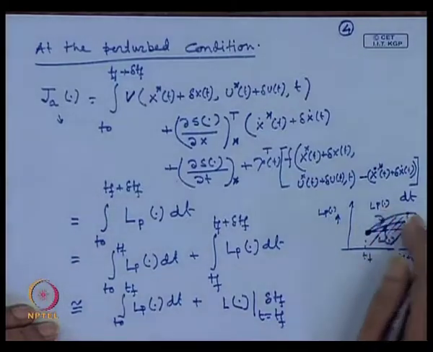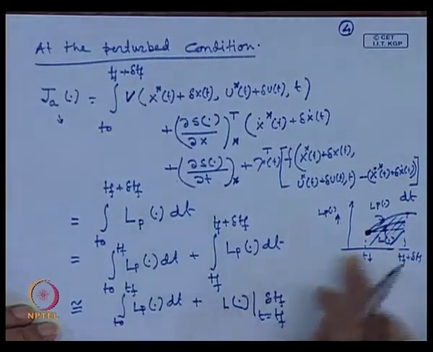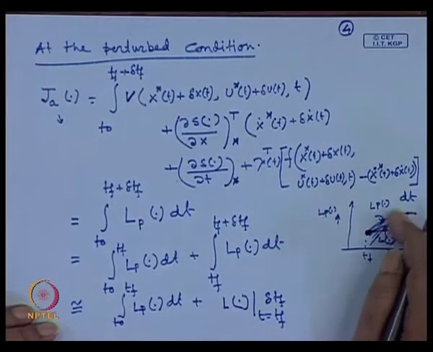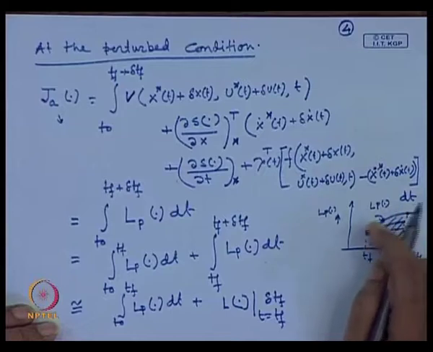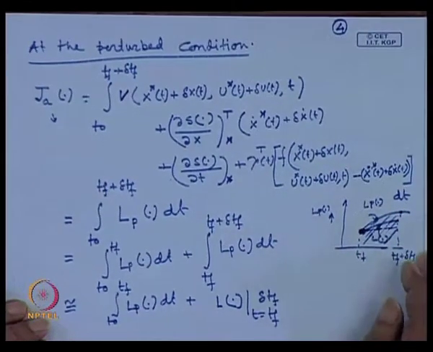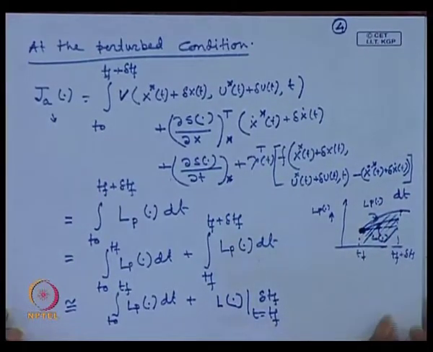This is approximate, because delta T f is very close to T f. So, I can write the area under this curve is nearly equal to the area under L p from T f to T f plus delta T f, agree? That is why I am writing nearly equal.